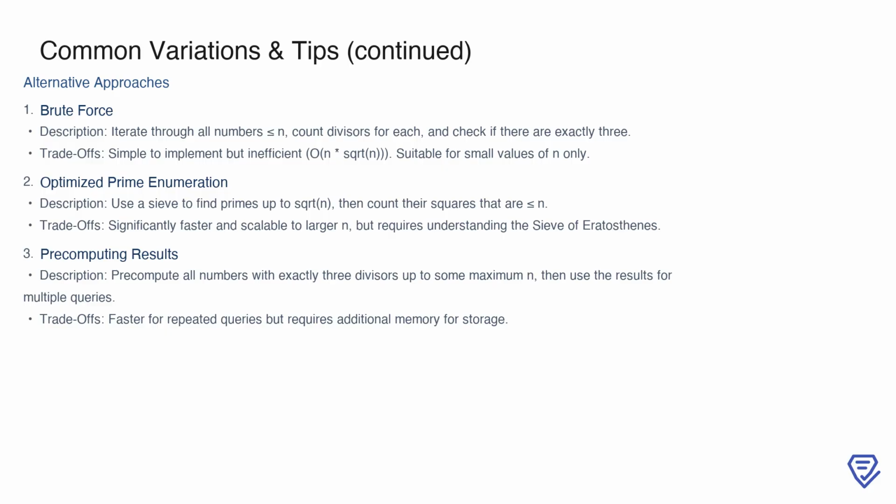This method is significantly faster and scalable for larger inputs but requires a solid understanding of the sieve of Eratosthenes. For scenarios involving multiple queries, pre-computing results for all numbers with exactly 3 divisors up to a maximum n can be beneficial. While this is faster for repeated queries, it requires additional memory to store the pre-computed data. Each of these methods has its trade-offs, and the choice depends on the specific constraints and requirements of the problem.